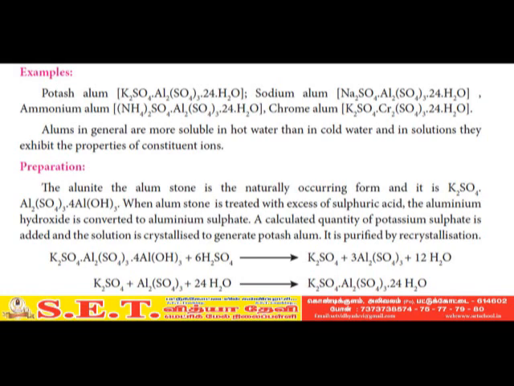It is named sodium alum. Another one is ammonium alum, (NH4)2SO4.Al2(SO4)3.24H2O. Its name is ammonium alum. And the last one is chrome alum, K2SO4.Cr2(SO4)3.24H2O. These are the examples of alums.